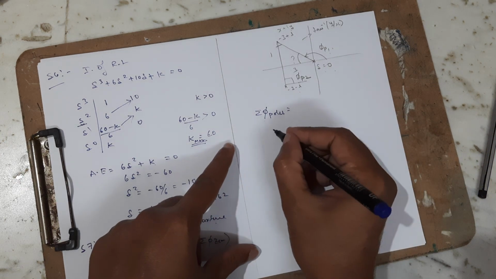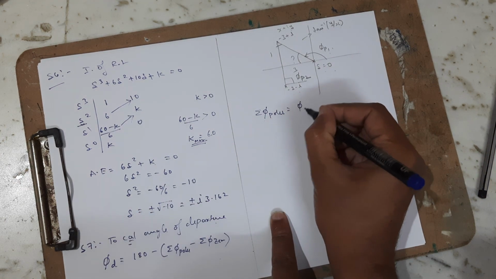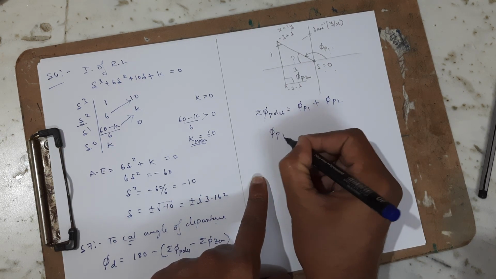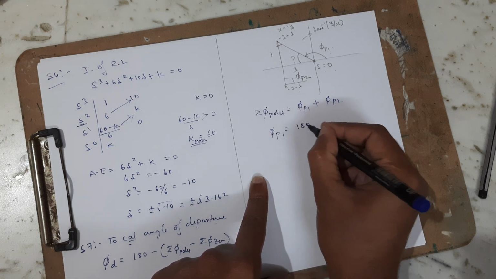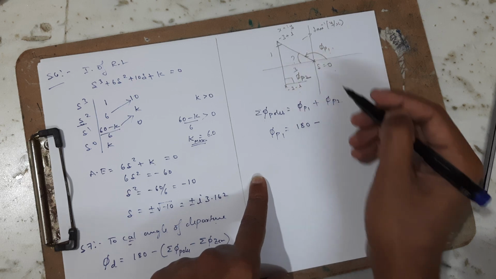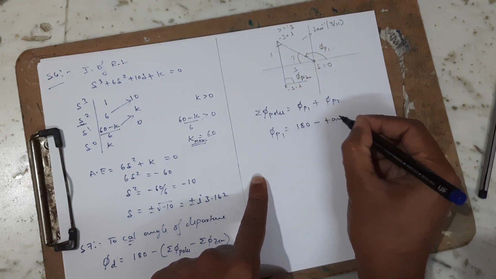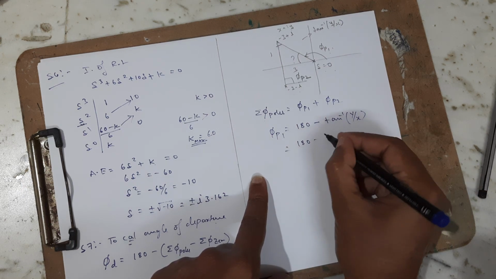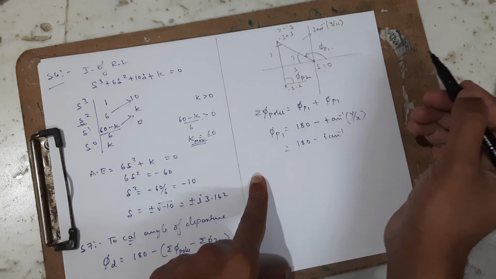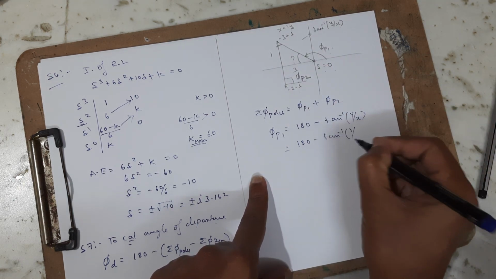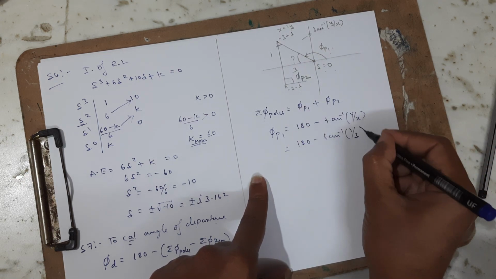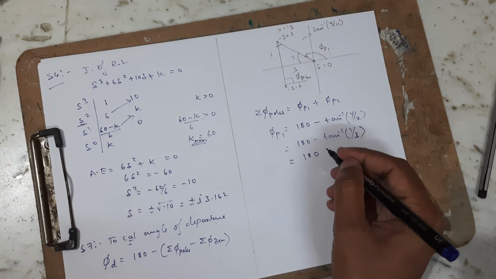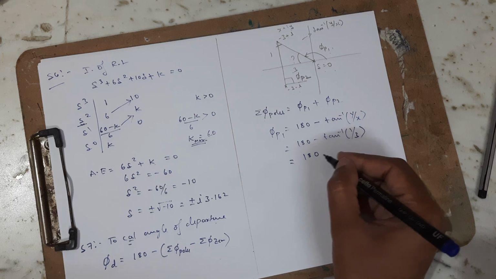So the summation is phi p1 plus phi p2, where phi p1 is equal to 180 minus this angle. That angle is found by tan inverse of y by x. Therefore it will be 180 minus tan inverse of y, which is 1, by x, which is 3.